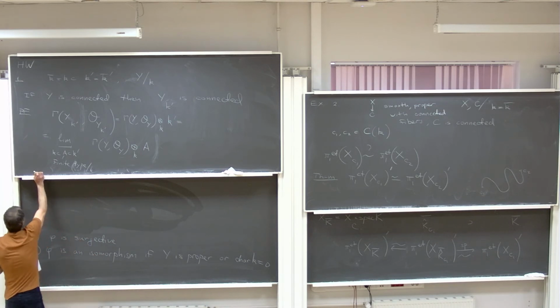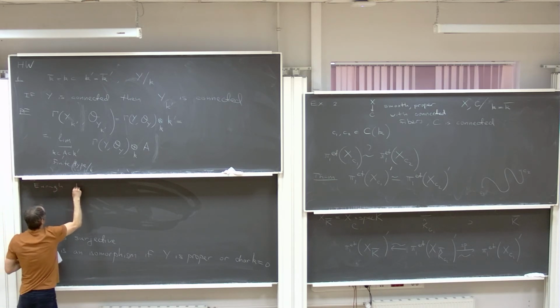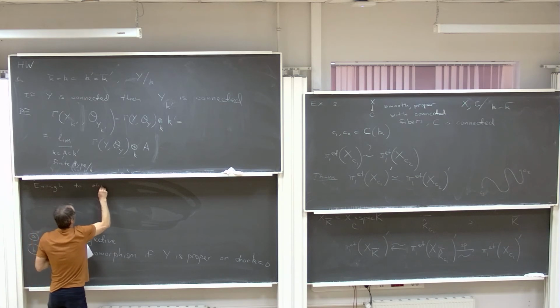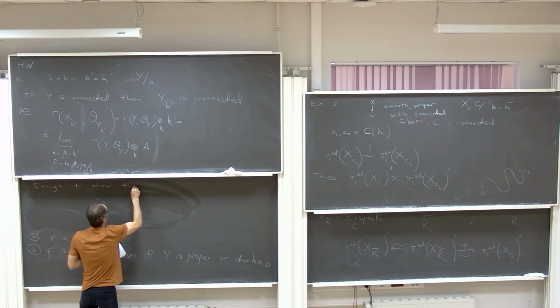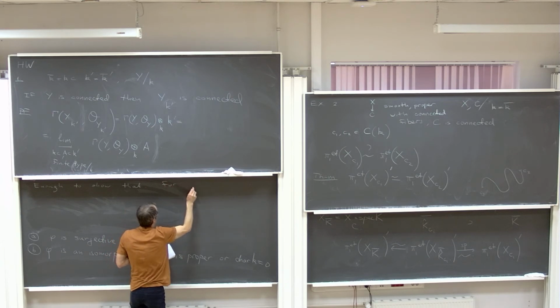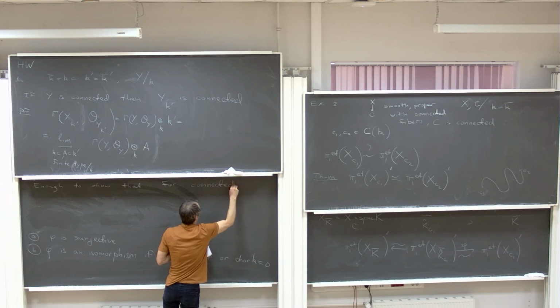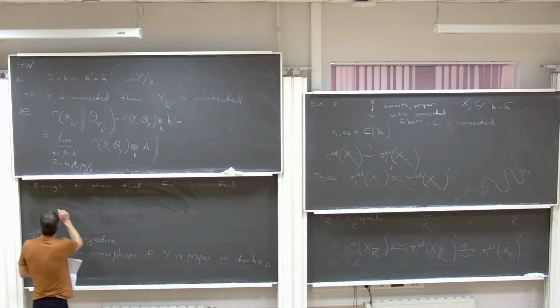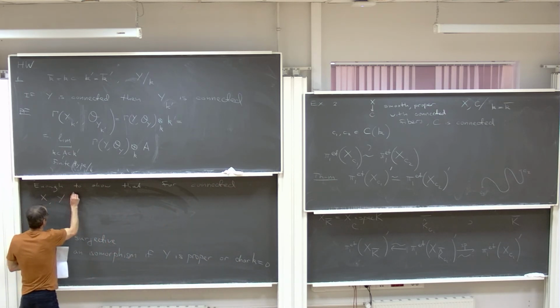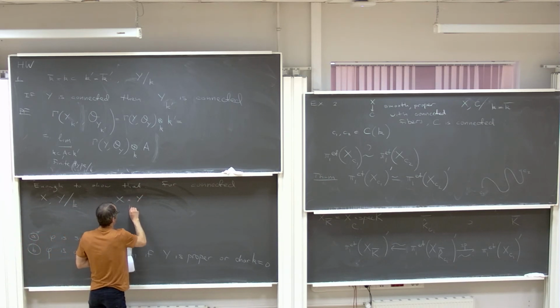So therefore it's enough to show that for connected X and Y over K, X times Y is connected.